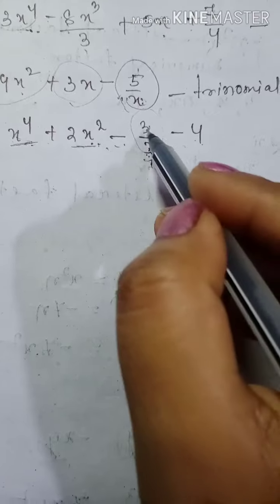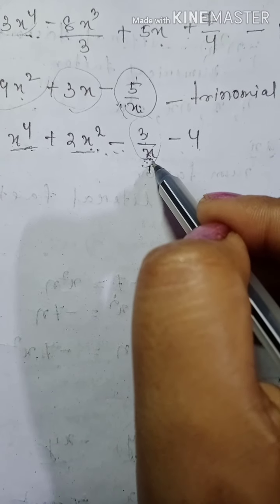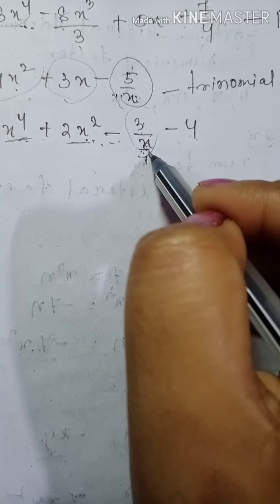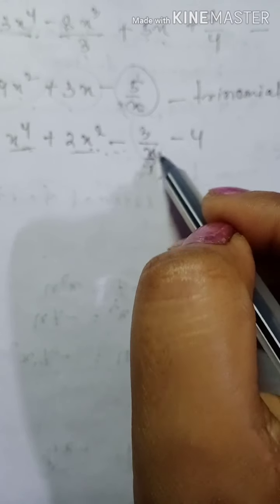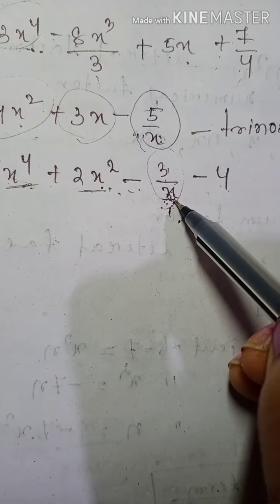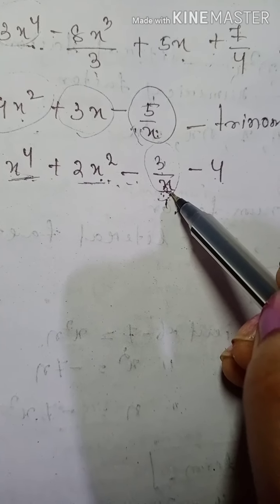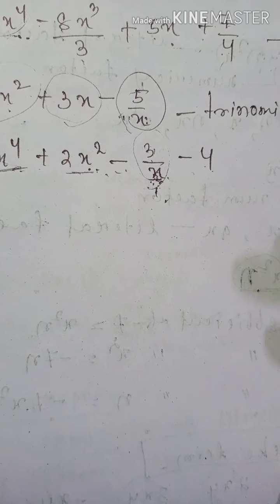In the denominator there is a simple literal variable. If such fractions are present as terms in the algebraic expression, where the denominator has a literal variable, then it cannot be considered a term in a polynomial.